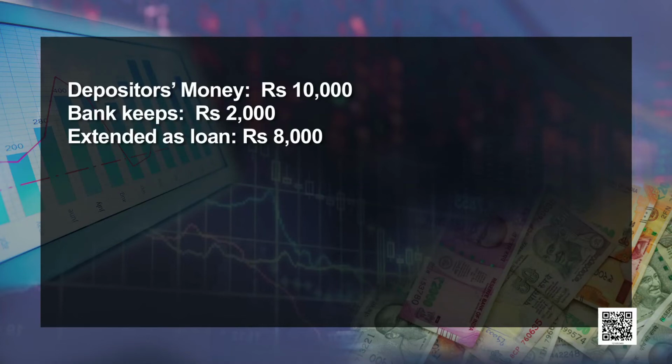Let's suppose the bank keeps 20% with itself and extends the rest, rupees 8,000, to others. Now the bank receives 10,000, keeps 2,000 with itself and extends 8,000 as loan.